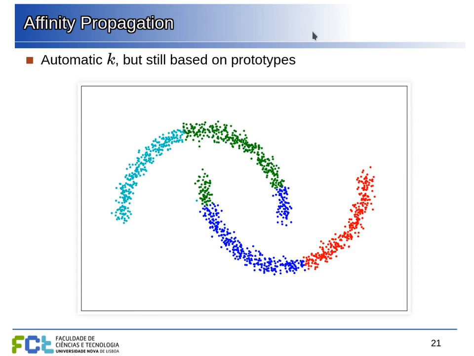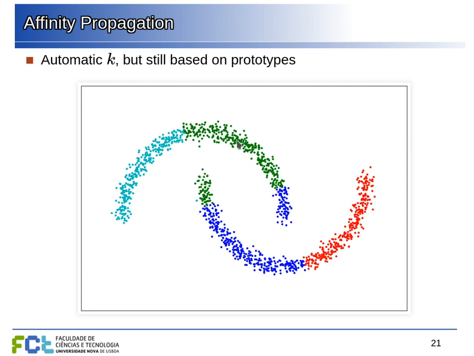So we can let the algorithm try to find the best number of clusters based on the value that we give in the diagonal of the similarity matrix, but it's still based on prototypes, so it's looking at the similarities between the points, in this case given by the distances, and it doesn't care if there is this empty region here.